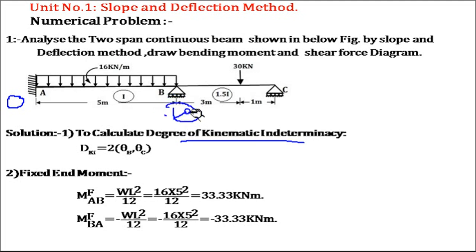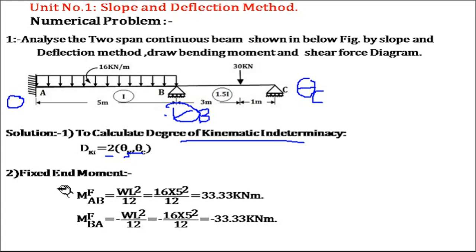So for joint B we consider it as theta B. And at joint C, again roller support is there, so again the degree of freedom is 1, that is rotation, and we call it theta C. So the degree of kinematic indeterminacy for the given beam is 2, that is theta B and theta C. Now next step is to find out the fixed moment.